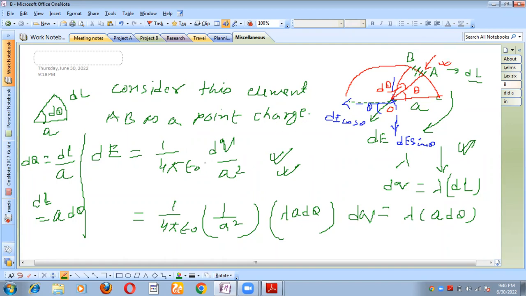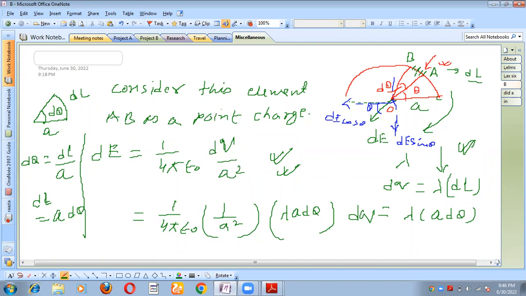Then we have to apply the same formula of electric field of a point charge. What is the electric field of a point charge? 1 by 4 pi epsilon naught q by r square. So here the same method will be applied: 1 by 4 pi epsilon naught dq by a square. Now we don't know dq. What is the value of dq?